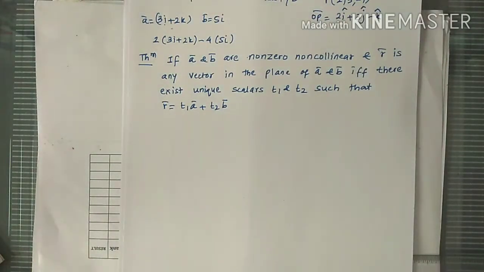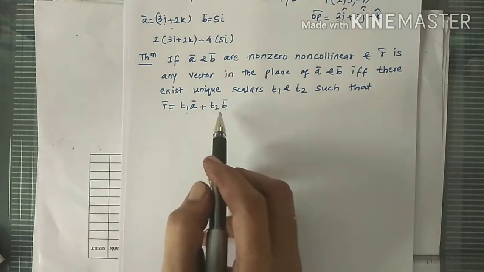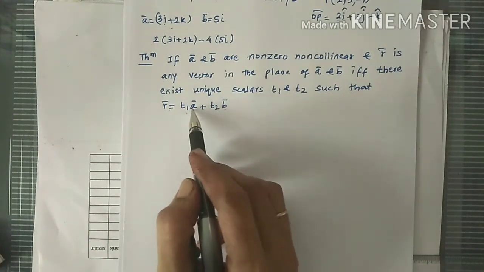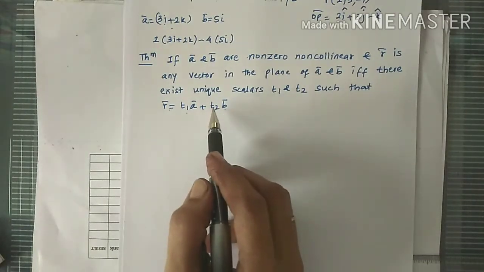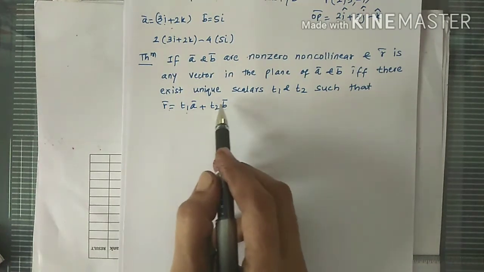So the assumption is a bar and b bar are non-zero non-collinear vectors, and we have to prove that if r bar is coplanar with a bar and b bar, then we can write r bar as t1 a bar plus t2 b bar. That means r bar is a linear combination of a bar and b bar. Here we are multiplying a bar and b bar by t1 and t2 respectively. Those are scalars, and we are adding t1 a bar and t2 b bar.